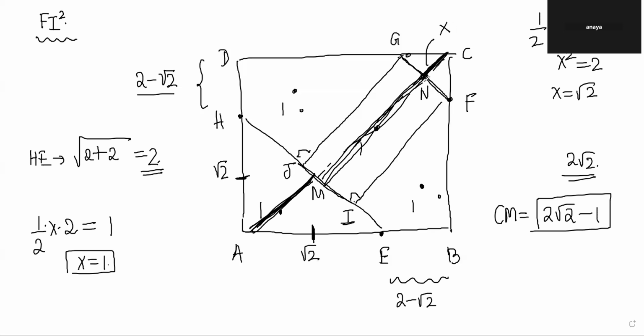Because if I know that, then I'll know MN, and MN will be same as FI, right? So all I need is to find out this X because I already know MC is 2 root 2 minus 1, right? So let's think about, can we find out the NC?